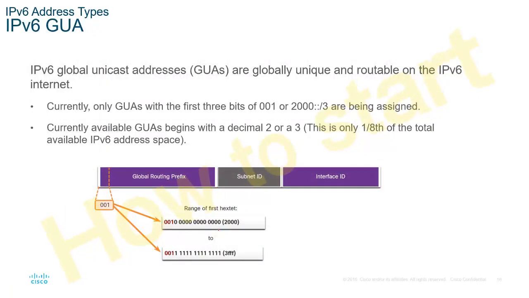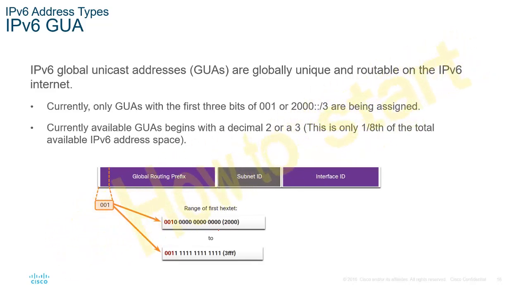Looking at an IPv6 GUA address, it was designed in such a way to allow a very limited number of GUAs on the internet at this time. Basically, we are looking at the first 3 bits of any IPv6 address. Only the first 3 bits that begin with 001 are allowed to be assigned. That means they will start with 2000.